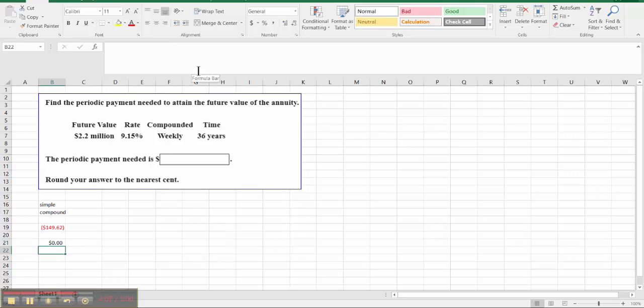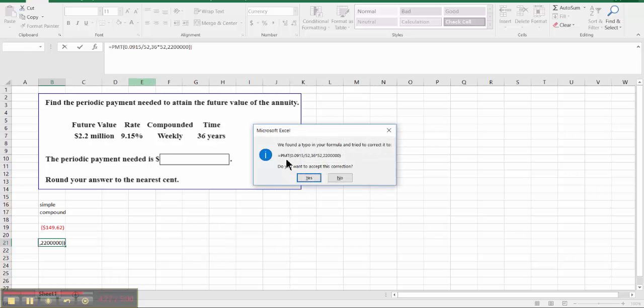See, present value is lit up again up here. So this time, instead of entering a comma, if this were a present value instead of a future value, I just put in the amount there.